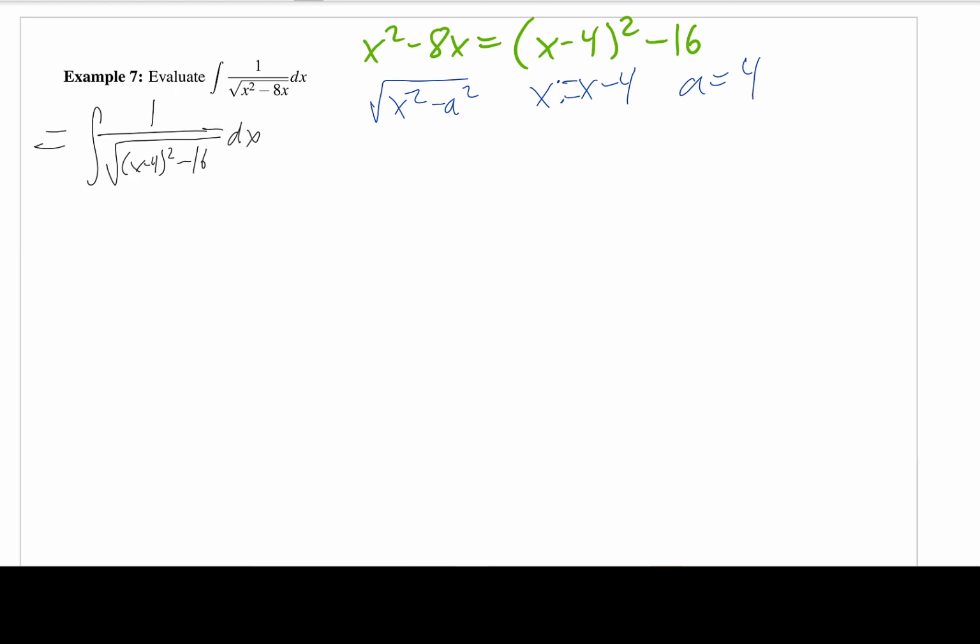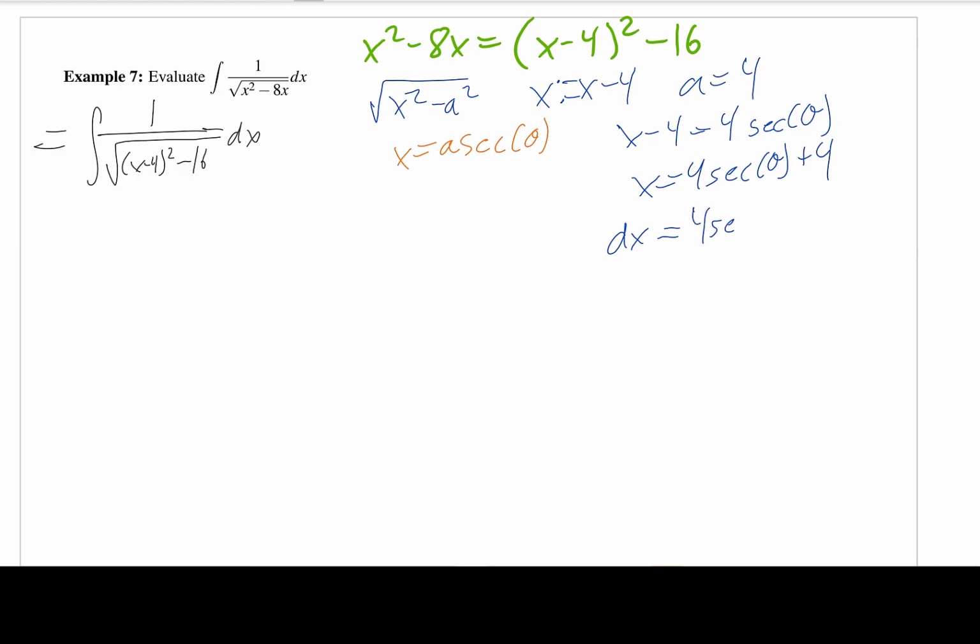So here I should be using x equals a secant theta. Which will give me x minus 4 is equal to 4 secant theta. And so I'll add the 4 over. That tells me that x is equal to 4 secant theta plus 4. So then dx is equal to 4 secant theta tan theta d theta.